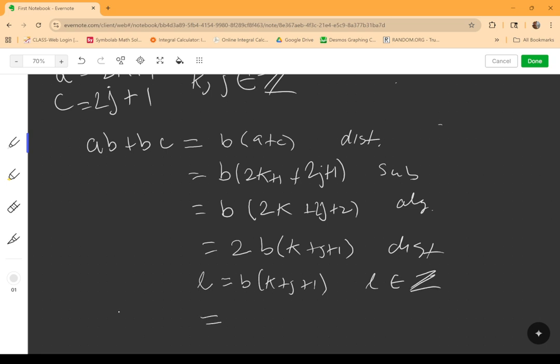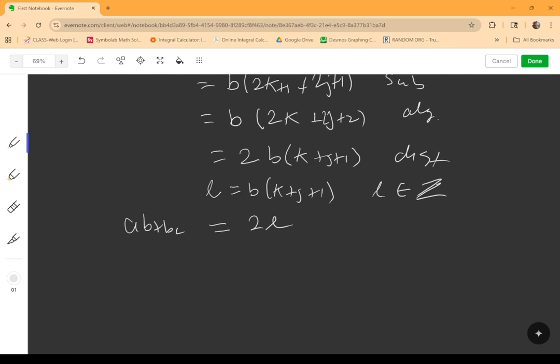That means AB plus BC is equal to 2L. In other words, AB plus BC is even. All right, that concludes our proof, and that is our most straightforward approach, the direct proof. We start with our assumptions and then we take it from there.